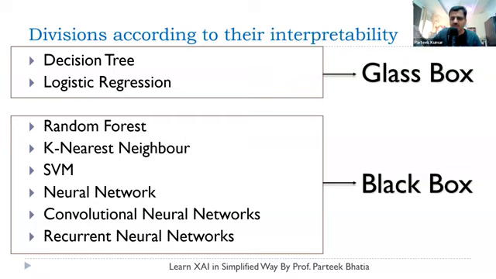You can unmute. My question is, why are decision tree and logistic regression put under a different category compared to random forest, support vector machine, CNN, RNN, and so on? Please don't hesitate, you can answer it.